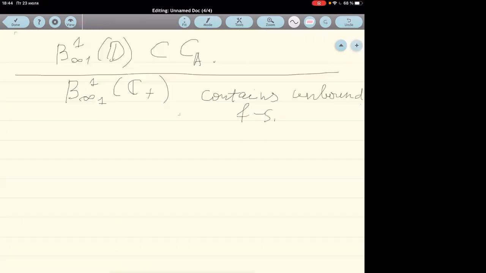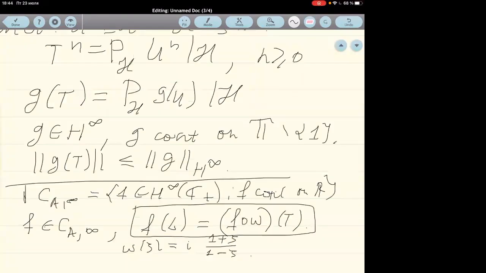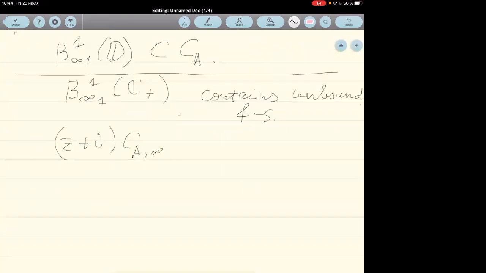So we can extend this definition to the case when the function is not necessarily bounded. We can consider the following class: z plus i times C_A infinity, where the class C_A infinity was defined here. So we can multiply such functions by the function z plus i, and certainly we can get unbounded functions.